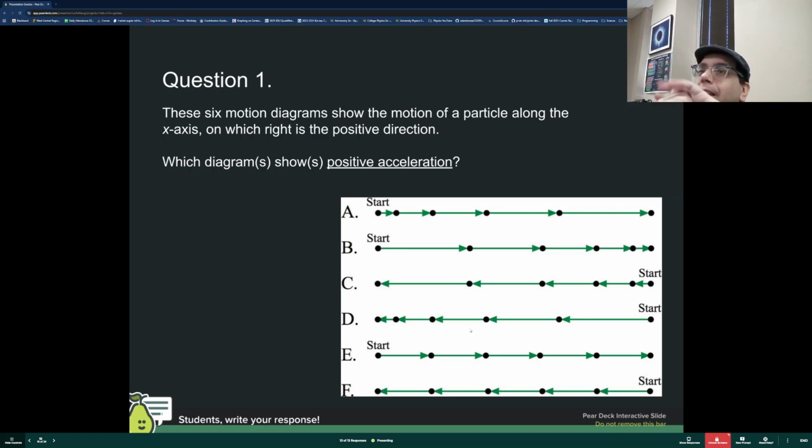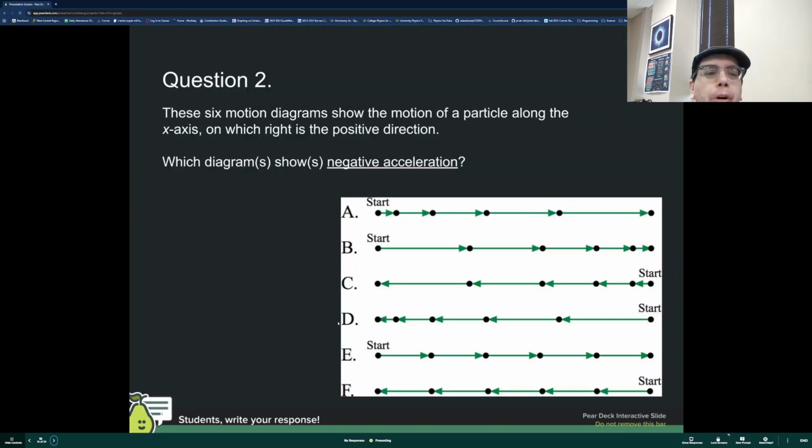Slowing down means acceleration has to have the opposite sign. The opposite of negative is positive. So A and D were the correct ones there. So let's try almost the same question, only this time I want to know which accelerations are negative.